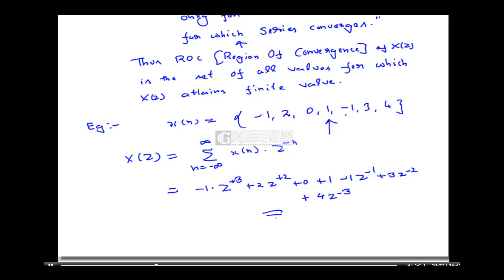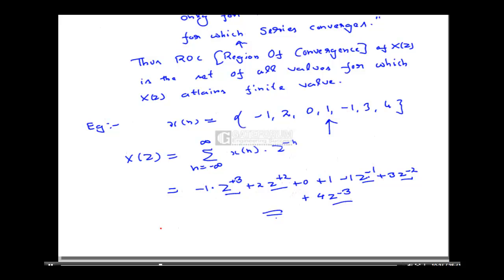For this particular Z transform, what will be the region of convergence? If we put z equal to 0, these terms become infinite. If we put z equal to infinity, then these terms become infinite. At other values of z, they will always attain a finite value.